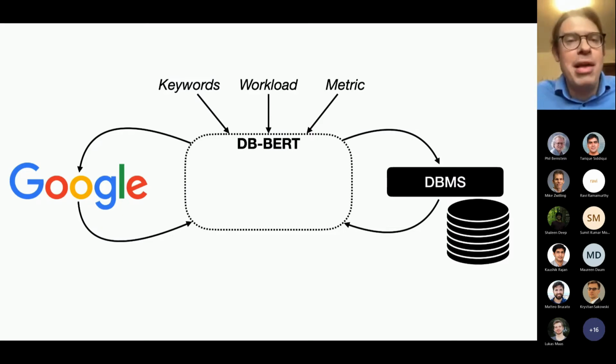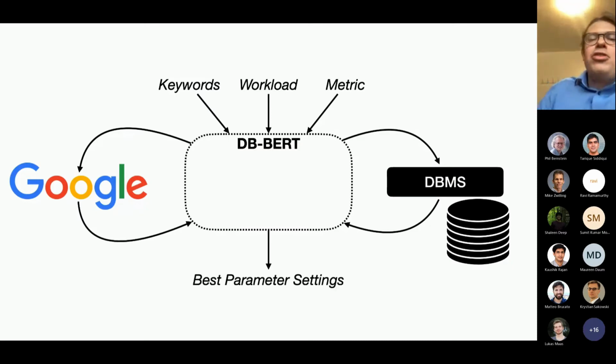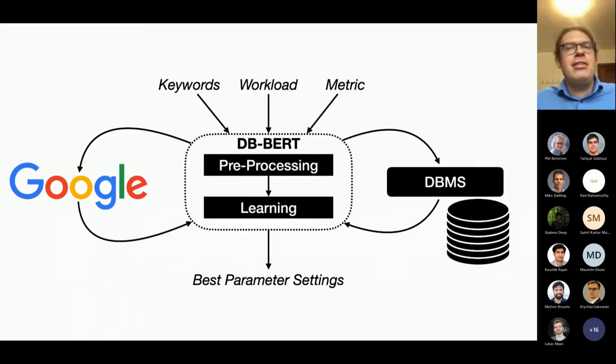And that gives it the possibility to validate and to mix and to adapt those hints that it finds on the web. After a user-specified timeout, the system returns the best parameter settings that it has found so far. And in order to get there, it internally executes 2 phases in each tuning session, a pre-processing phase followed by a learning phase, and I will discuss both of them in more detail in the following.